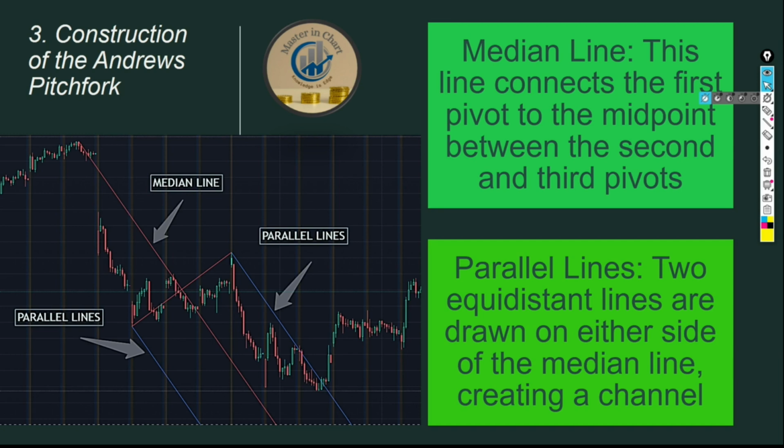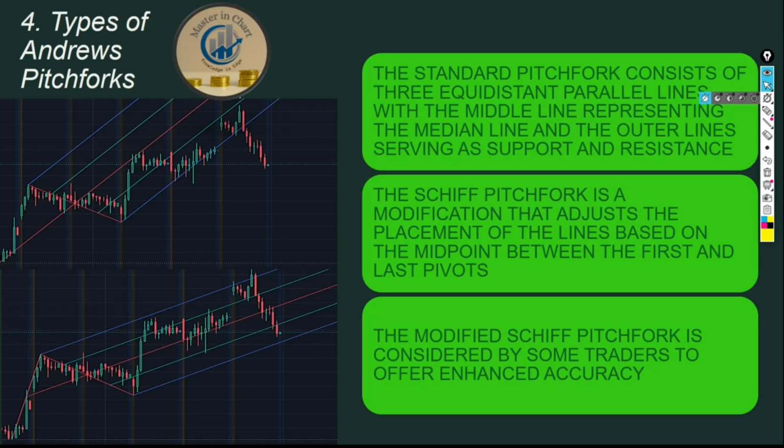And the construction of Andrews Pitchfork, we have seen the median line and these parallel lines. There are different types of pitchfork, like the original pitchfork.